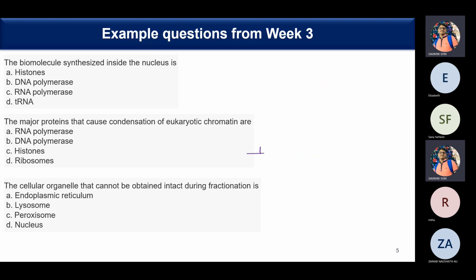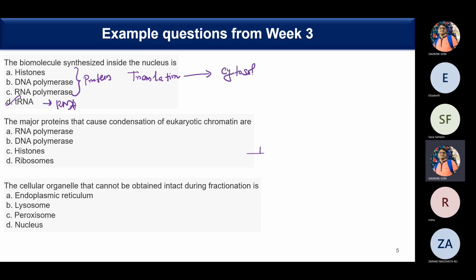The biomolecules synthesized inside the nucleus: histones, DNA polymerase? Actually it will be the tRNA that is synthesized. The histone is again a protein. DNA polymerase, these all are proteins, right? This is only the RNA. So there is a general phenomenon, just remember this: translation or protein synthesis takes place always in the cytosol.